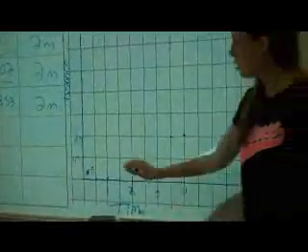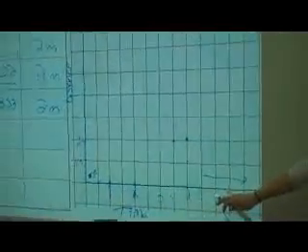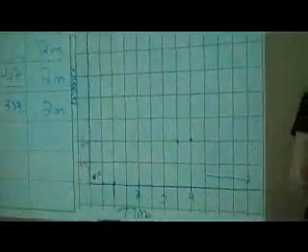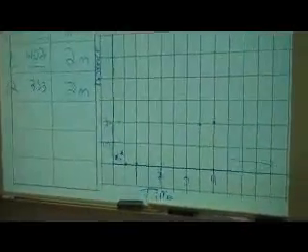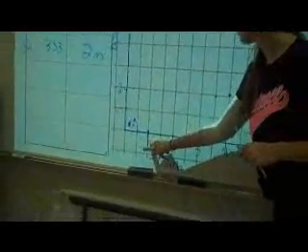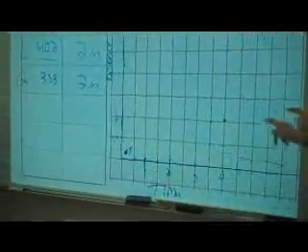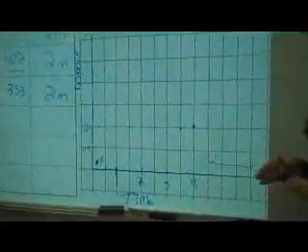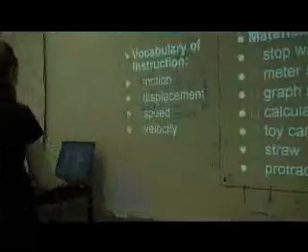So, if you go 2 meters in 1 second, you're going pretty quick. If it takes you 4 seconds to go 2 meters, you're going pretty slow. So if you can't remember how to interpret the graph, just ask yourself: if I go this distance at this time, I'm going fast. And if you're going this distance at this time, you're going slow.